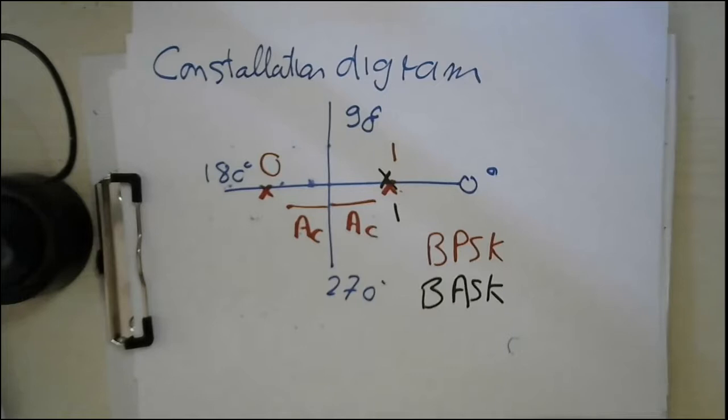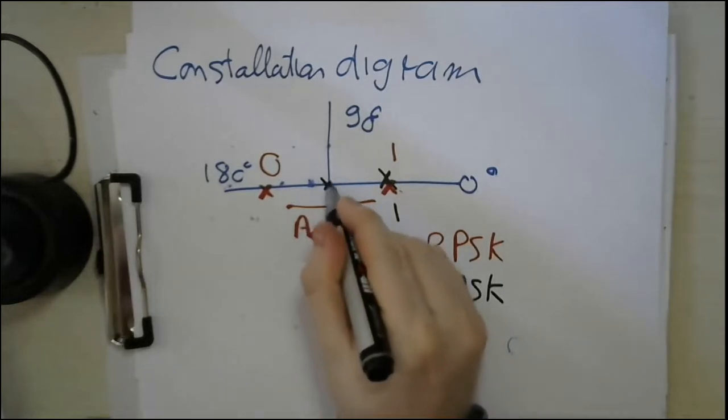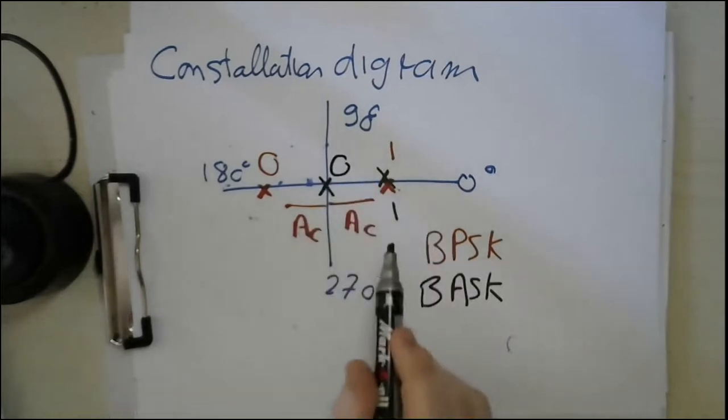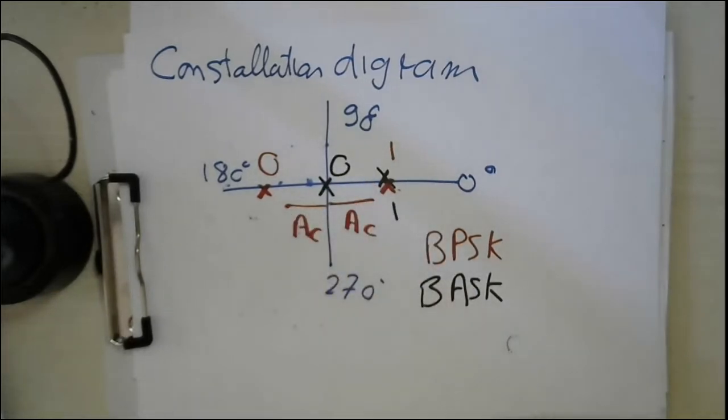However, in the 0 case, you are generating nothing, which is the origin point. So you can easily understand the binary amplitude shift keying technique by using the same constellation diagram, but allocating the 0 in another place, which is the origin. This is how the constellation diagram is demonstrated.